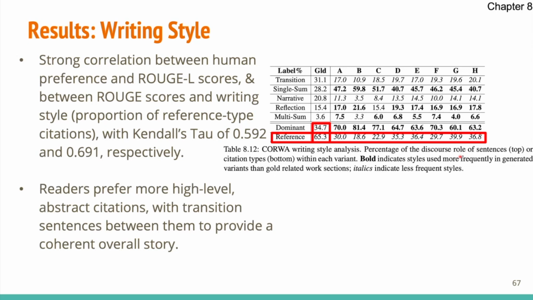By the way, the Rouge score measures the similarity between the output related work section and the gold related work sections. So overall, this observation implies that the readers prefer more high-level abstract citations with transition sentences between them to provide a coherent story.